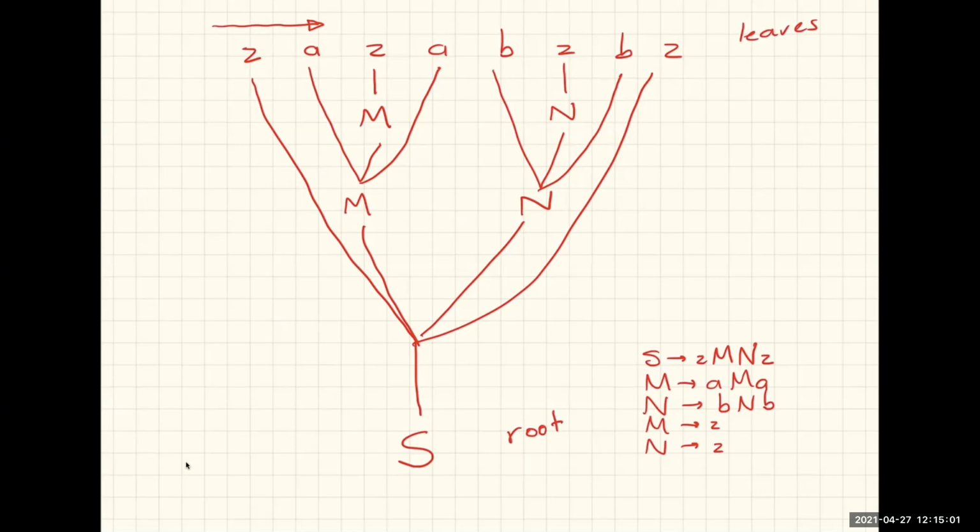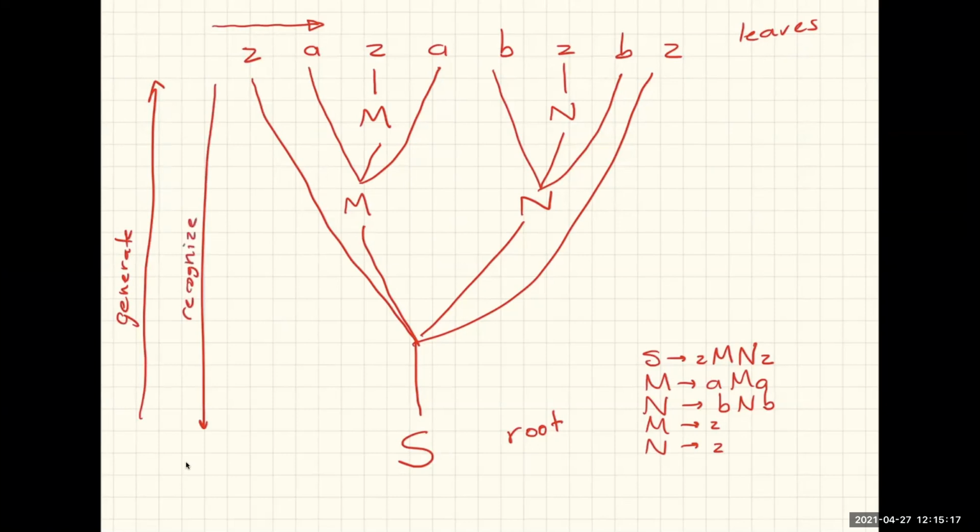So it's the same procedure. This way is to generate, and this way is to recognize. Recognize what? A string. If we can recognize this string, it means that we can get to S. Then it means this grammar recognizes this string.